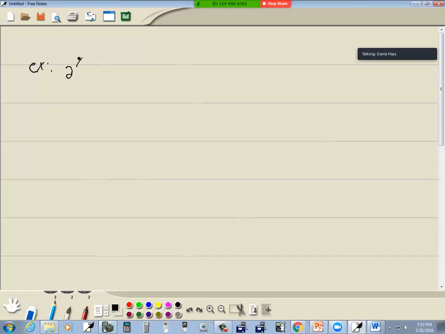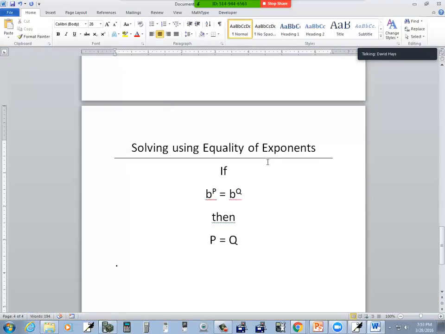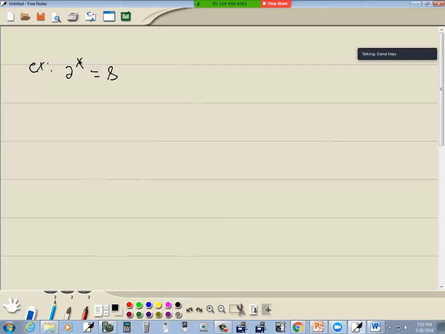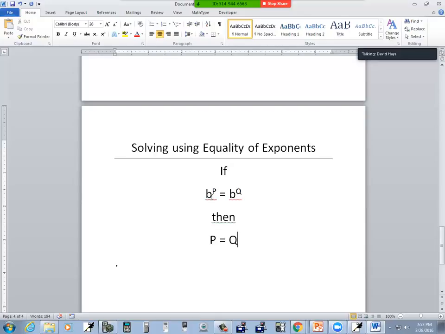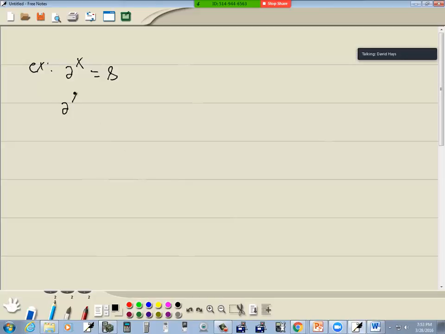But let's say I have 2 to the x is equal to 8. And this is an exponential equation because it's got a variable in the exponent. Now this says if we can rewrite both of these as the same number to a power, so what you do is you start with your larger number, which is 8, and you try to rewrite it as the other number to a power. Well, 8 is 2 to the third.